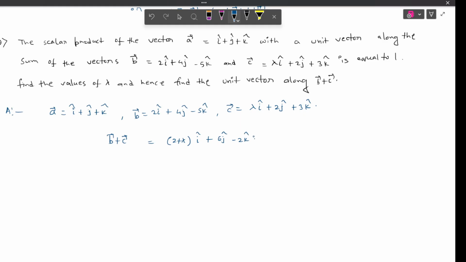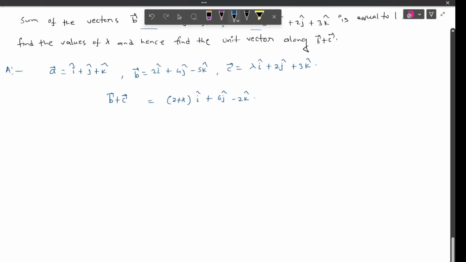Okay, the scalar product of the vector A with a unit vector along the sum of the vectors b and c. That's why we have found out b plus c. And we need a unit vector along b plus c, right, according to the question.